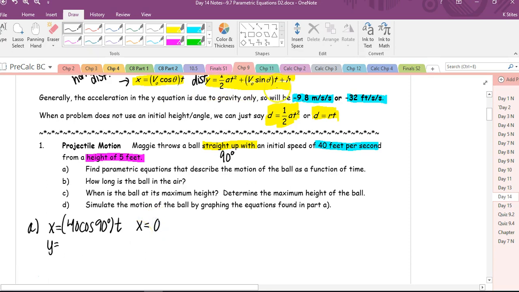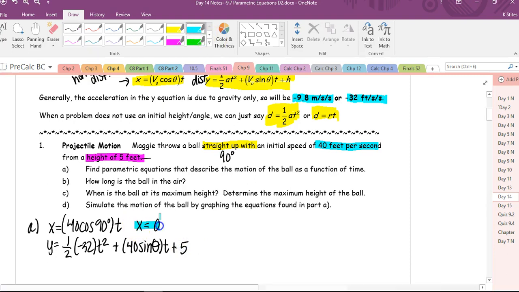And then y equals, we have this equation, 1/2 a t squared. A is our acceleration due to gravity, and since we are in feet, we're going to use negative 32. Plus v sine theta multiplied by t, plus your starting height, which is 5.